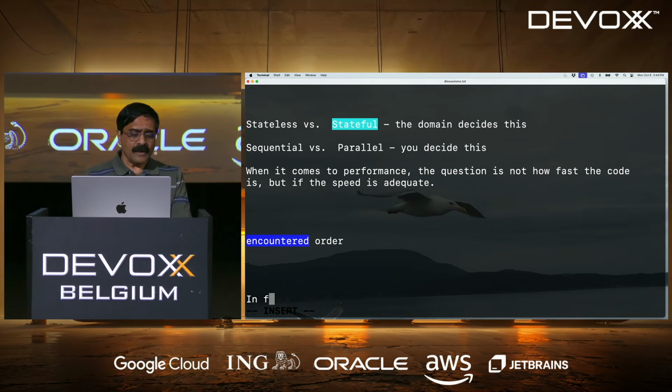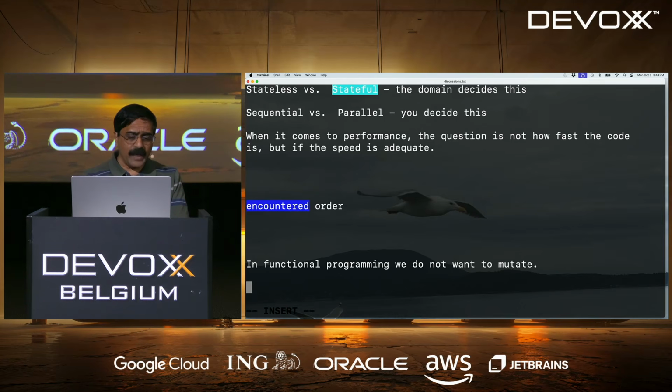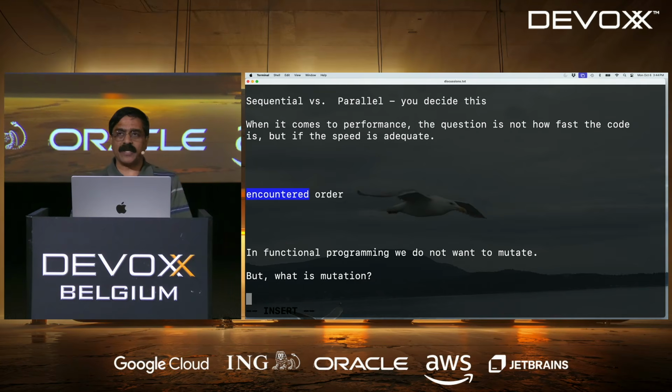So in functional programming, we often say we do not want to mutate. That's very clear, right? That's a thing that we follow. But what is mutation is the question we want to ask. So here's my recommendation. I'm going to say mutation is like changing clothes.